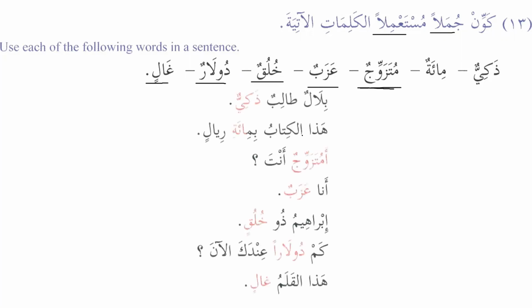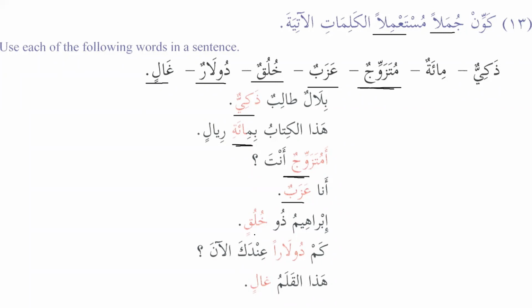You can write down the answers that we have over here. For example, Bilalun talibun dhakiyun. Bilal is an intelligent student. هذا الكتاب بمئة ريال. This book is 100 riyals. متزوج أنت أم أعزب, right? Are you married? So this is an incomplete sentence, just a simple question. أنا عزب, I am unmarried or I am single.